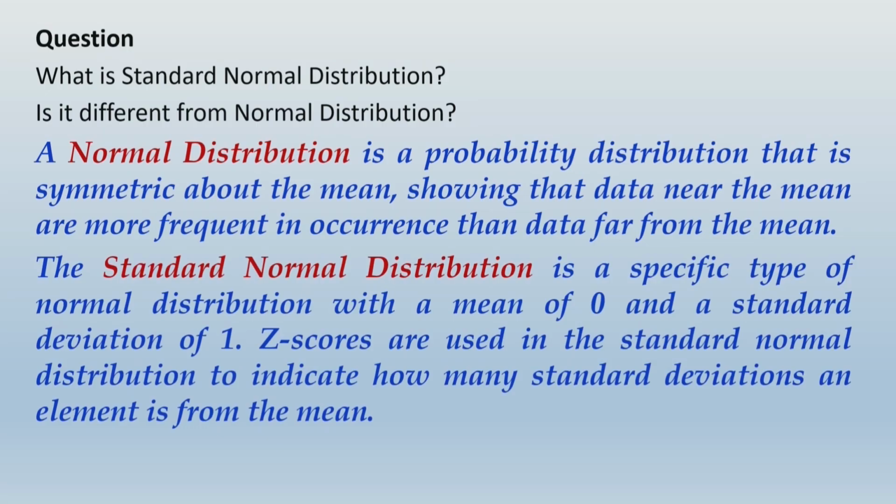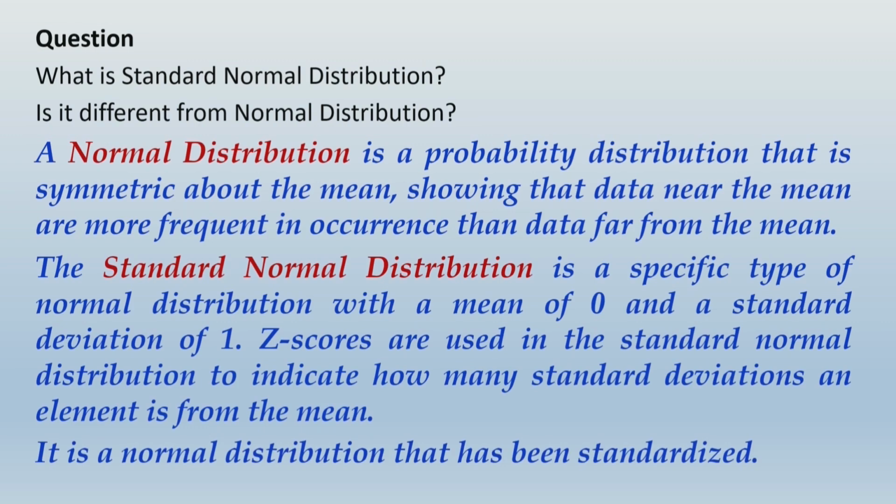The standard normal distribution is a specific type of normal distribution with a mean of 0 and a standard deviation of 1. Z-scores are used in the standard normal distribution to indicate how many standard deviations an element is from the mean. It is a normal distribution that has been standardized.